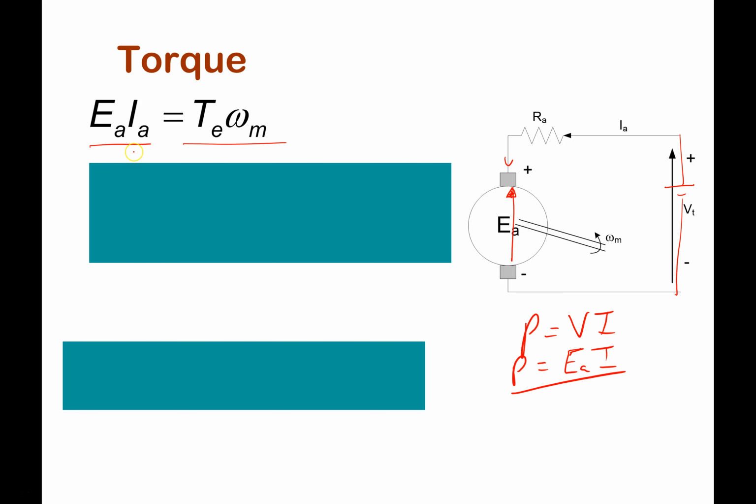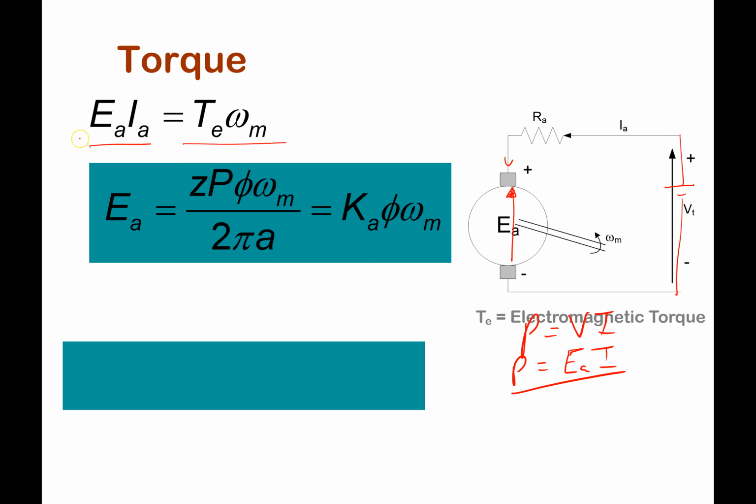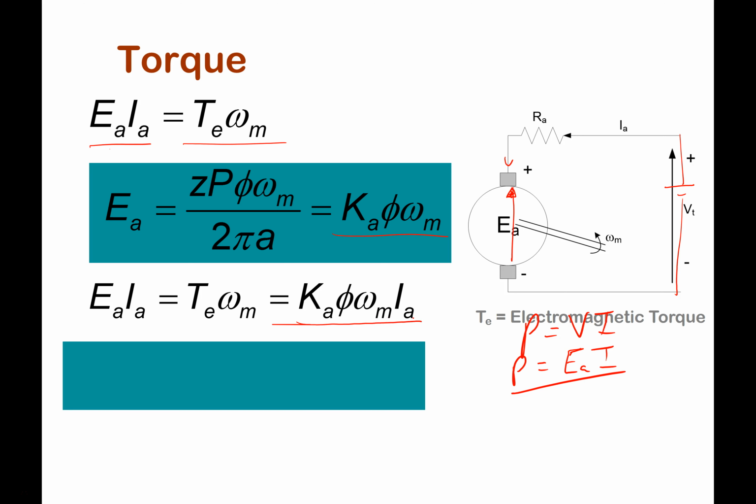So we have an equation for power here, and then I could substitute my values for EA. So I know EA is equal to K phi omega m, so I could substitute that in, and I get EA IA is equal to TE omega m, and I will get that being equal to Ka phi omega m IA.